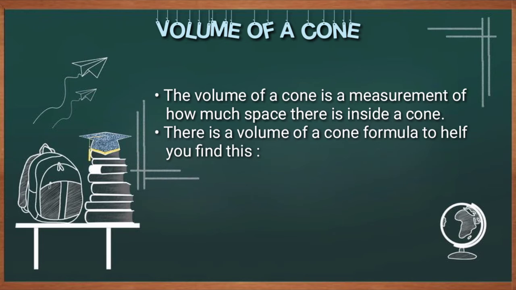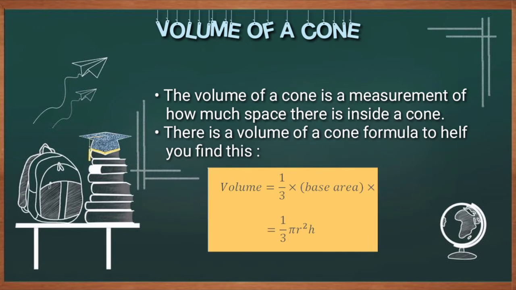The formula is volume equals 1/3 times base area times height, or can be written as 1/3 times pi times r squared times h, where r is the radius of the circular base and h is the height.